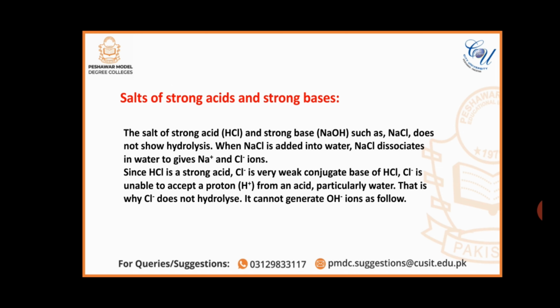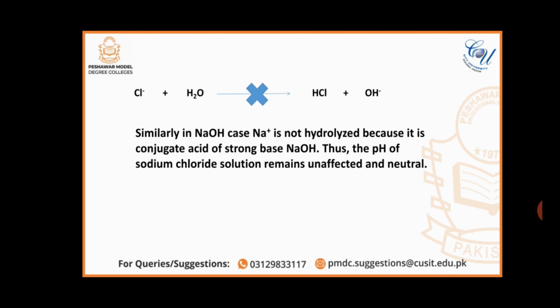That is why chloride ion does not hydrolyze. It cannot generate hydroxide ions as follows. Chloride ion is a weak conjugate base of HCl, so it cannot accept a proton from water.